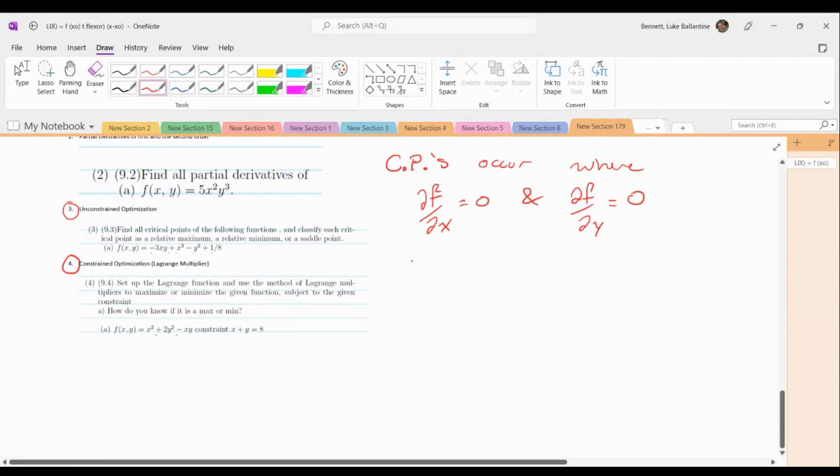So if you know what this means, this is the same thing as this, where if you don't know what the gradient of f is, this is just a vector of partial derivatives. So it's a list of the partial derivatives.